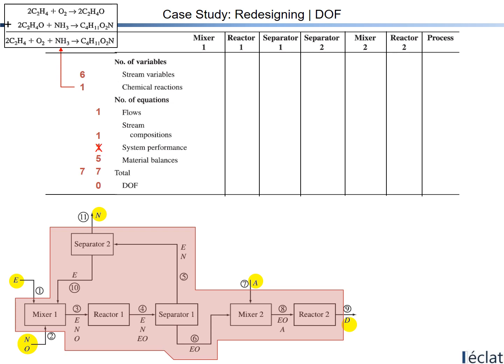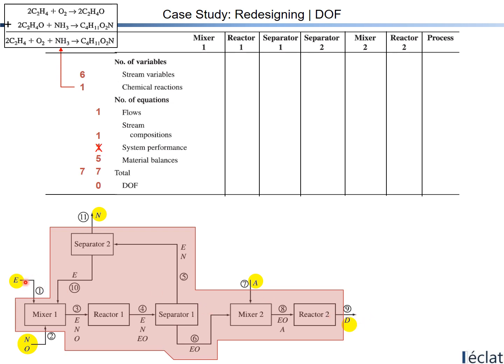So let me check the overall or entire process. I have drawn a big box like that, and we have ENO, I mean ethylene, nitrogen, and oxygen, and nitrogen is going out of separator 2, and ammonia is introduced into mixer 2, but into the big black box, and the final product is D.